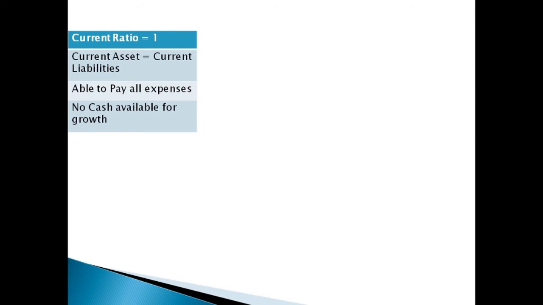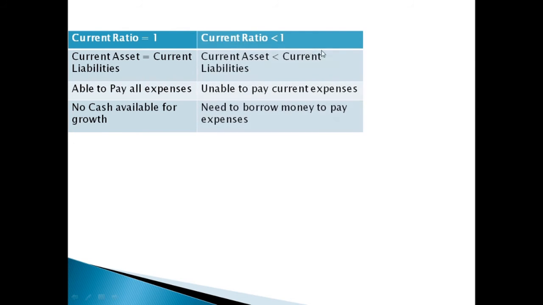The second scenario is when your current ratio is less than 1. That means your current asset is less than current liabilities. That means you're generating less cash and your expenses are high, so you're unable to pay your current expenses. To pay those expenses you have to borrow money from somewhere, right?